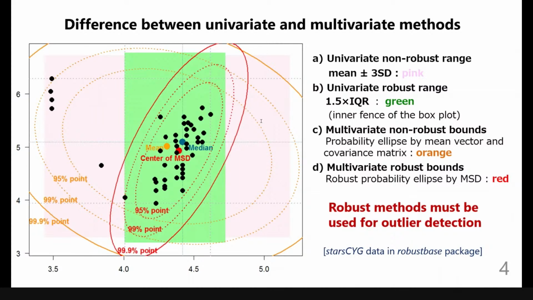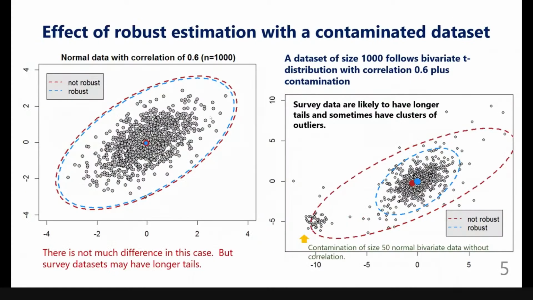Univariate methods create rectangular data ranges, while multivariate methods create ellipsoids. These plots also show the effect of outliers. If data follow a multivariate normal distribution, there's not much difference between robust and non-robust methods. However, numerical survey variables often have longer tails, even after data transformation.